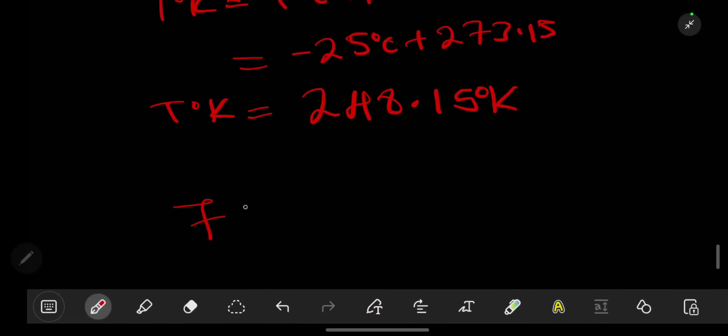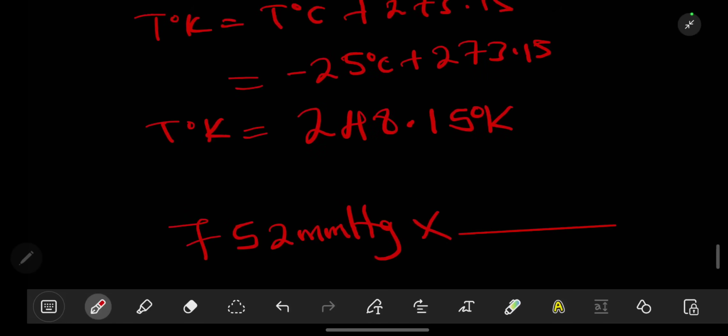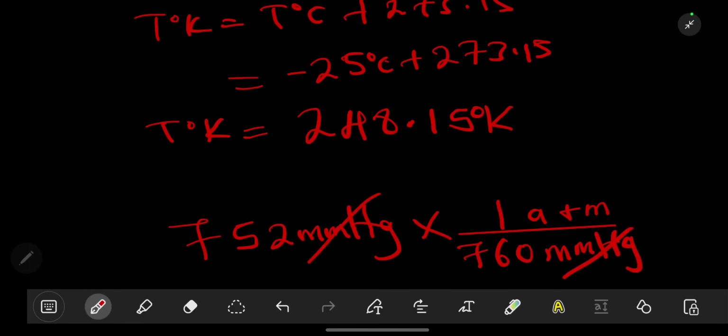So if you have your 752 millimeters of Hg, remember what you are going to do is put on top the unit that you want to convert to, which is the atmosphere. Down here, since there are millimeters of Hg, you are going to put them there. Then put the values. In 1 atmosphere, there is exactly 760, like that. So this and this cancel.